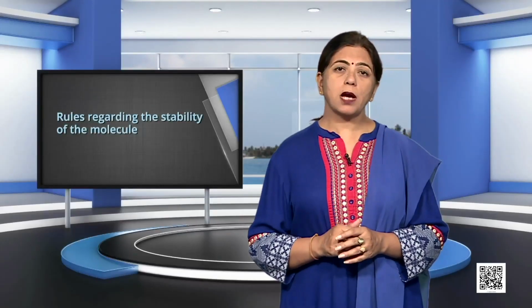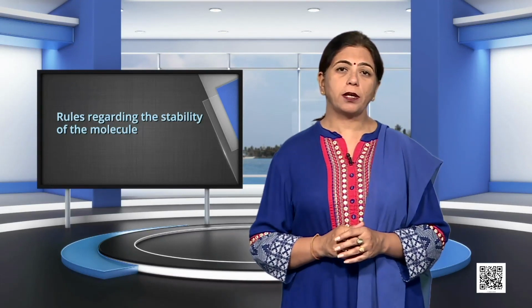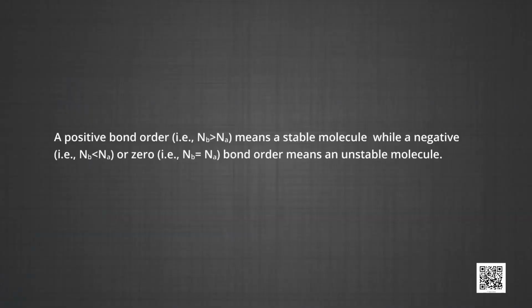The rules discussed above regarding the stability of the molecule can be restated in terms of the bond order as follows. A positive bond order, that is, the number of electrons in the bonding orbitals is greater than the number in the antibonding orbitals, means a stable molecule.